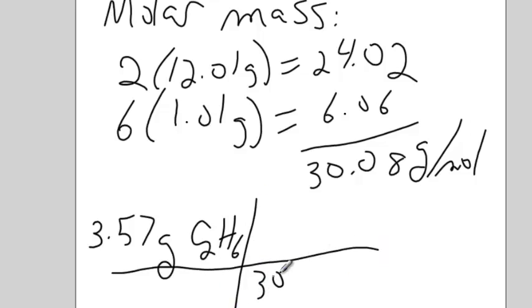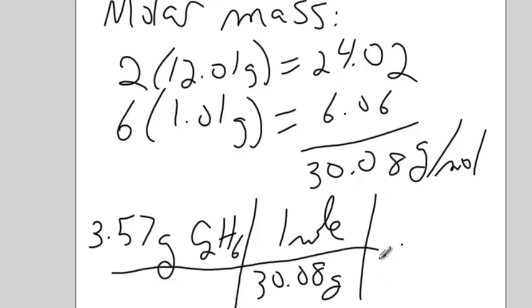There are 30.08 grams in 1 mole. 3.57 divided by 30.08 gives me 0.119 moles.